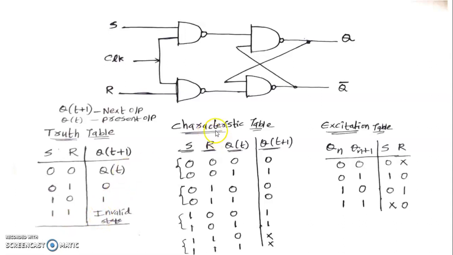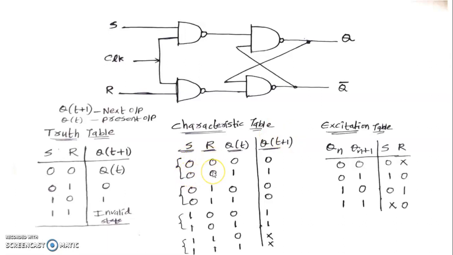Now coming to the characteristic table. The characteristic table gives the information about what is the output of the next state when the inputs and the present state information are given. So observe here, let us consider the inputs are 0, 0.